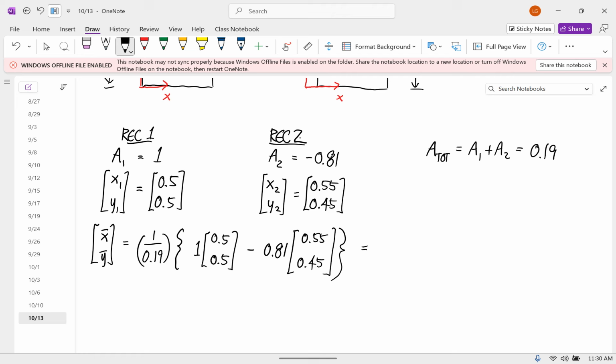And if you punch that in, you get the same thing we did before, 0.287, 0.713.